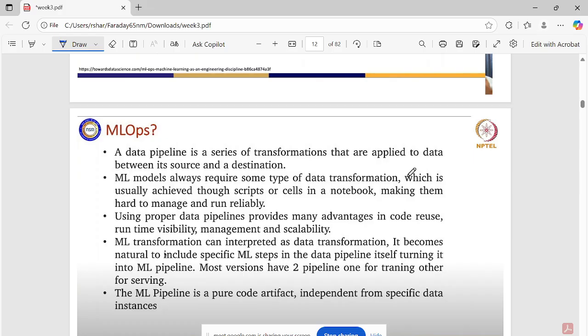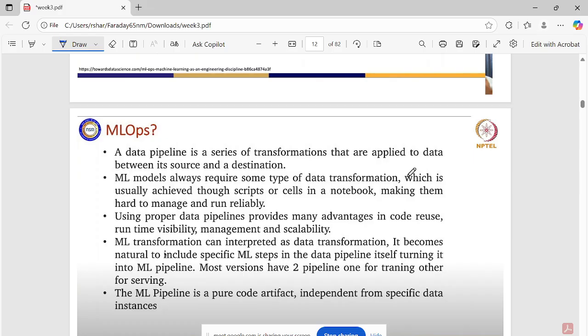So using a proper data pipeline provides many advantages in code reviews, through runtime visibility, management and scalability. Also, how to design a data pipeline, and then how do we ensure that the ML transformation and this pipeline are coordinated.